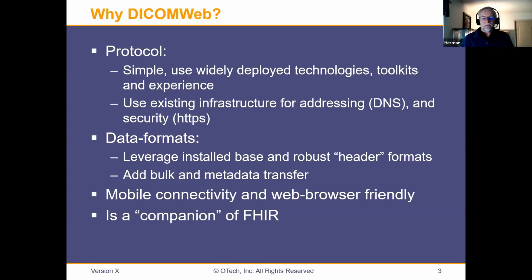And we use existing infrastructure for addressing. So instead of the traditional DICOM protocol with AE title, IP address, port number, and managing all of that, we say www.generalhospital.radiology.pacs.vna01, and the patient ID.